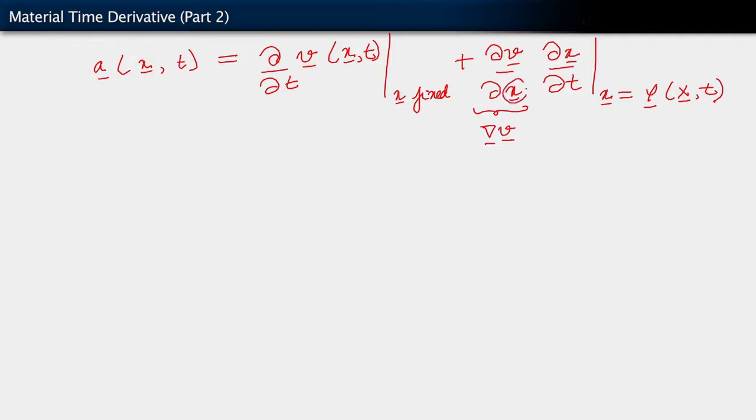So what we will label this as is the spatial gradient of v.